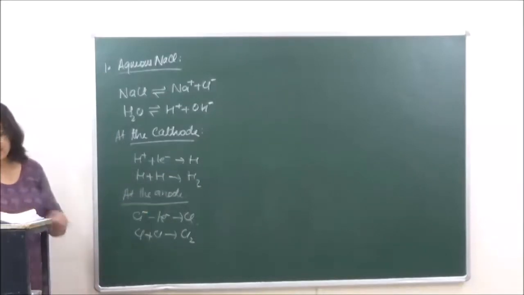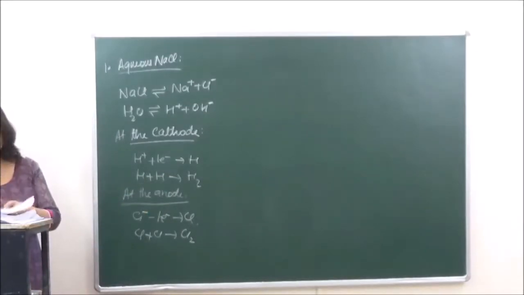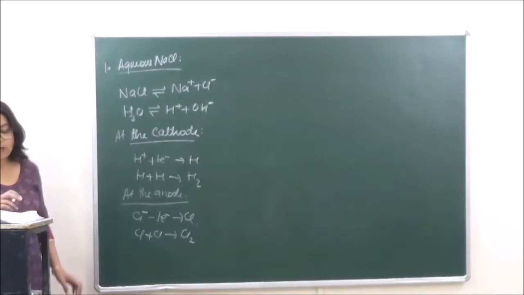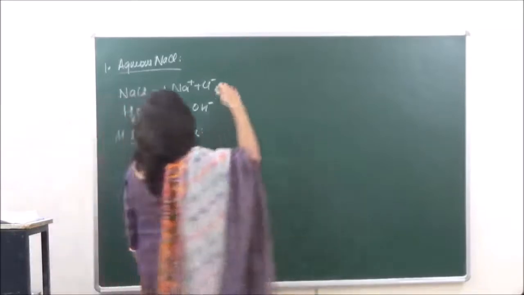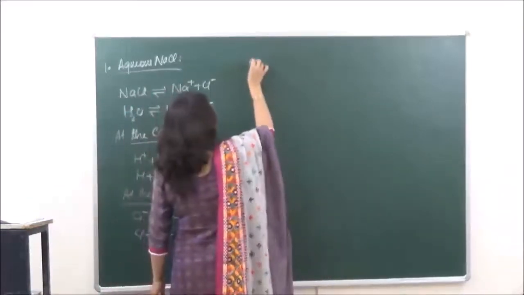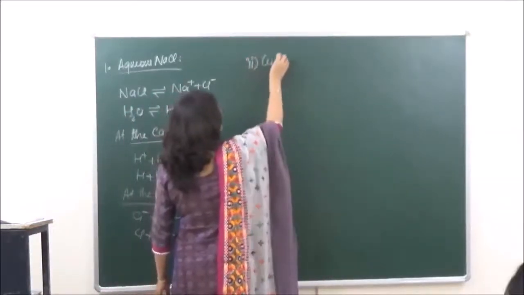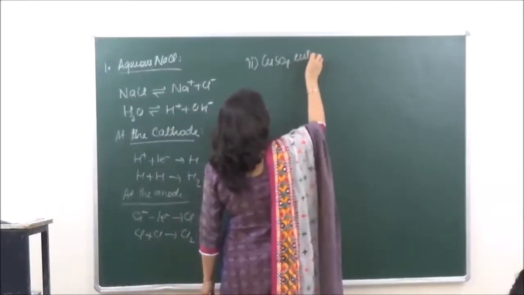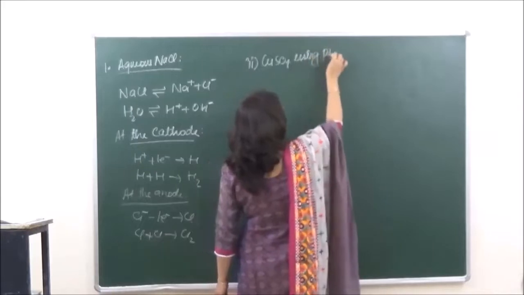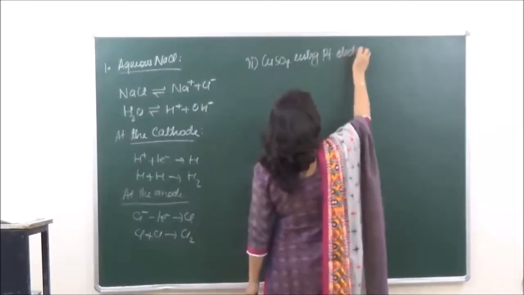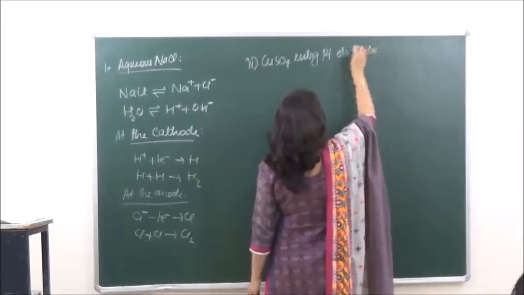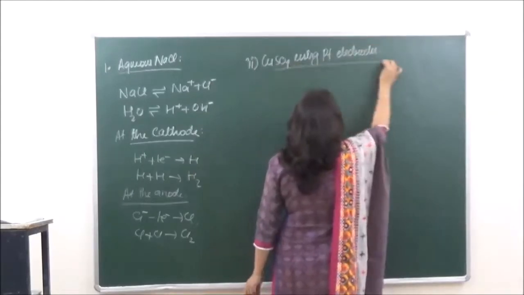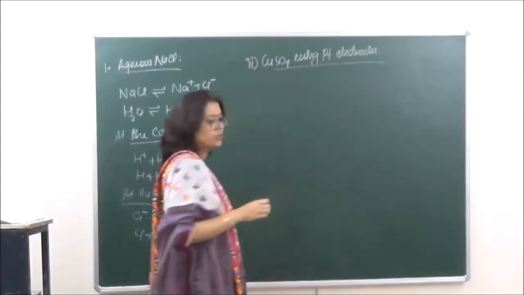Got it? Then the second electrolysis which we are going to do is that of aqueous copper sulfate using platinum electrodes.